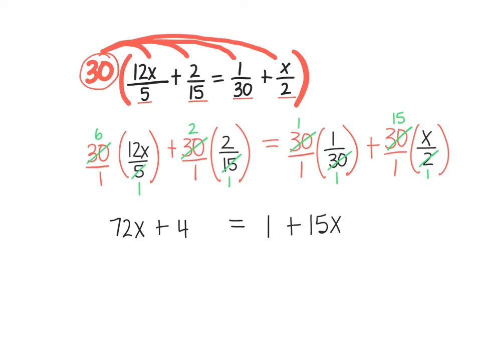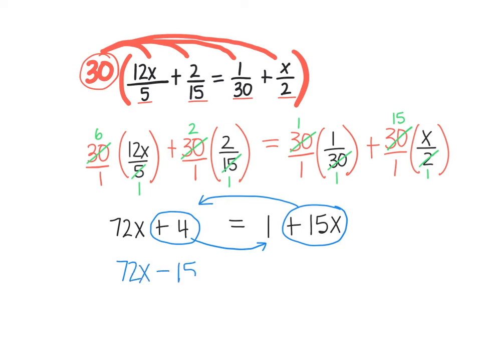So just to work that through a little bit and just to remind us about those steps, I know that I'm going to have to move this 15x across the equal sign so that it can be with the 72x, and I'm going to have to move this plus 4 also over across the equal sign to be with the plus 1. So as we do that, what we're going to wind up doing is having 72x minus 15x equals 1 minus 4.